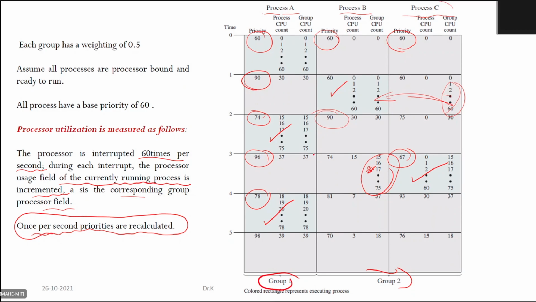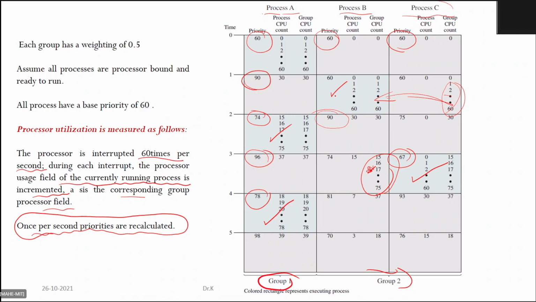Okay. So in this random example, you can see that we have not shown any calculations over here, but the priority of the particular group will be calculated, and based on the calculations, the process which has the less priority will be taken for the execution.